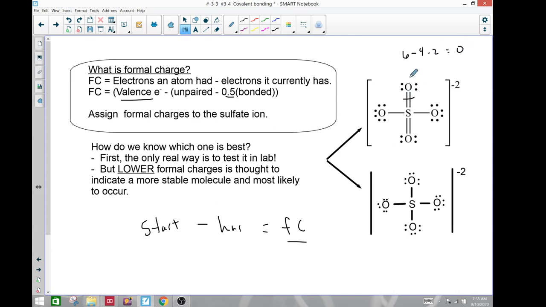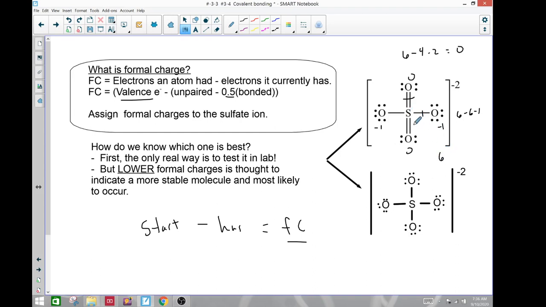This guy has a formal charge of 0. This guy is identical here, so it's also 0. Let's try this one, this oxygen. 6 minus the 6 it has, and then minus half of that, which is 1, and that's minus 1. This also minus 1.